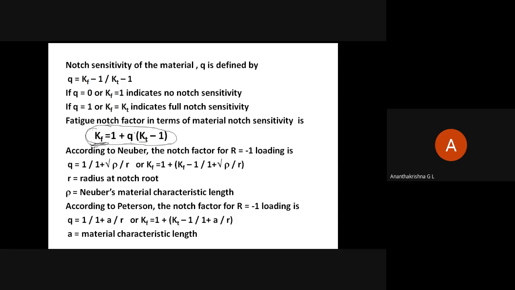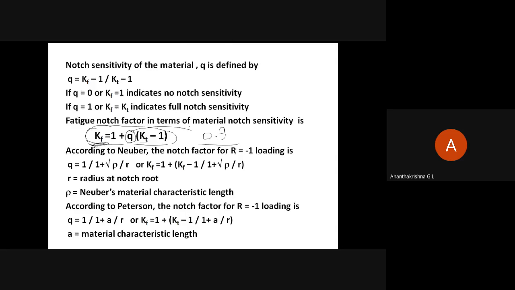This Q is called the notch sensitivity factor. If not given, we used to take it as 0.9. So this is the notch sensitivity factor Q.